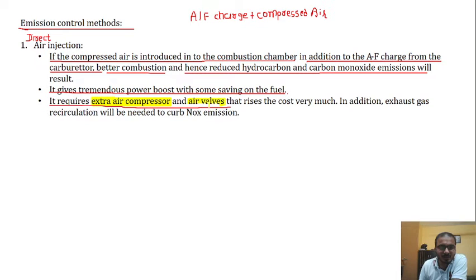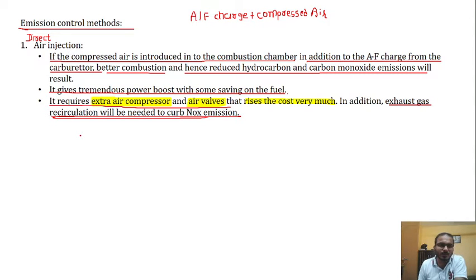That raises the cost very much. In addition, exhaust gas recirculation will be needed to curb the NOx emissions. So that is all about direct air injection.